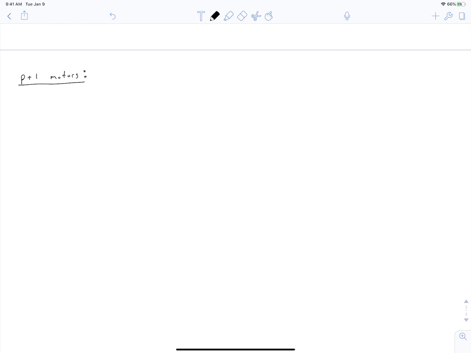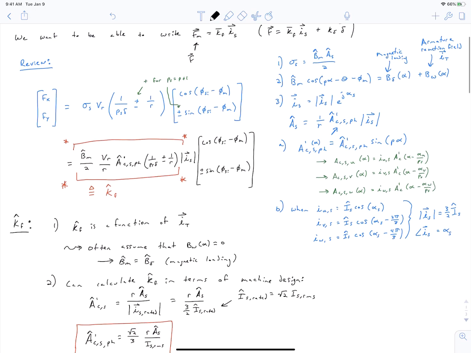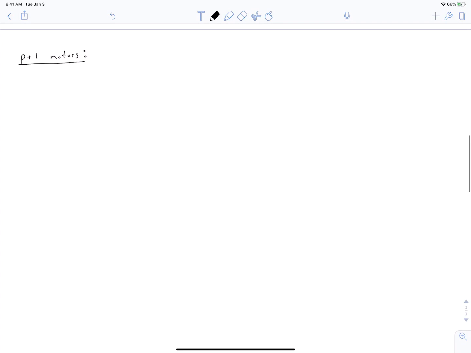So I'm now going to write out our force expression for the P+1 motor. I'm going to do it by referring to this matrix up here and writing this in a complex vector notation. We'll write out our force vector is equal to an x component plus an imaginary y component.